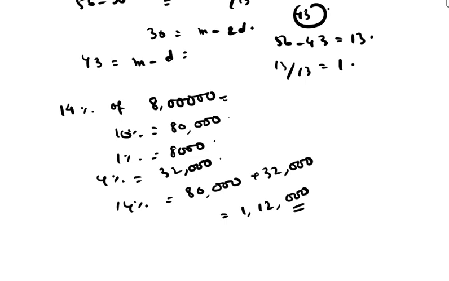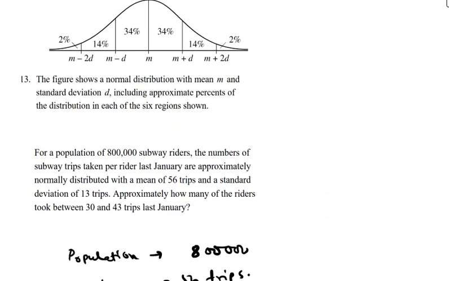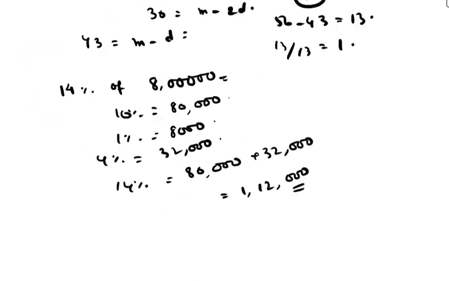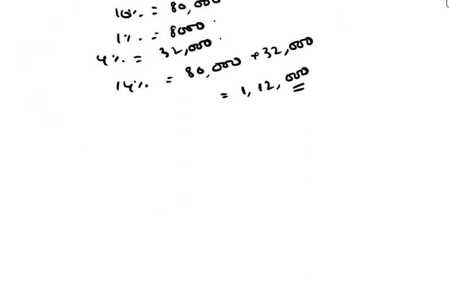Why is the region between M minus 2D and M minus D equal to 14%? Because from M minus D to M plus D is 68%. So from M minus D to M is half of 68%, which is 34%. Now from M minus 2D to M plus 2D is about 95%.